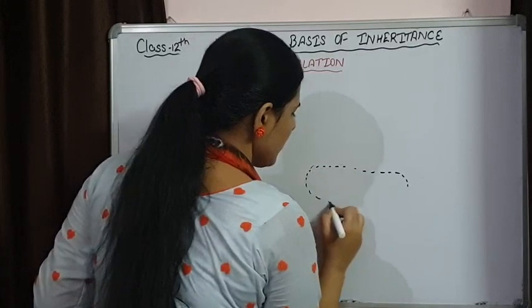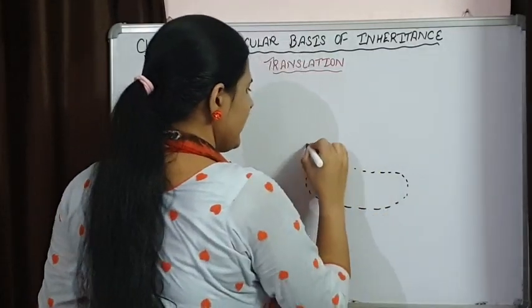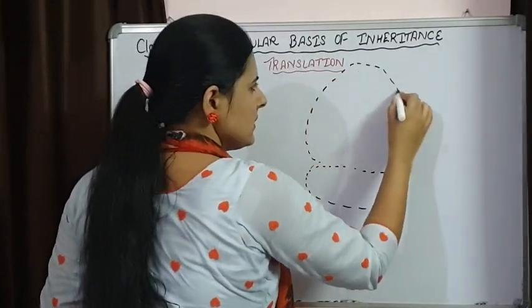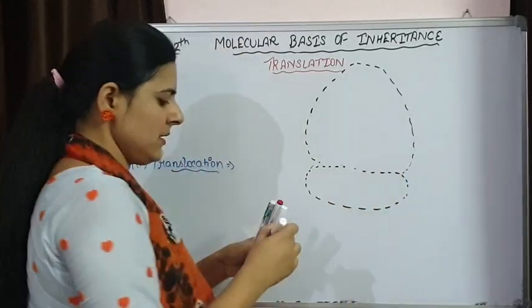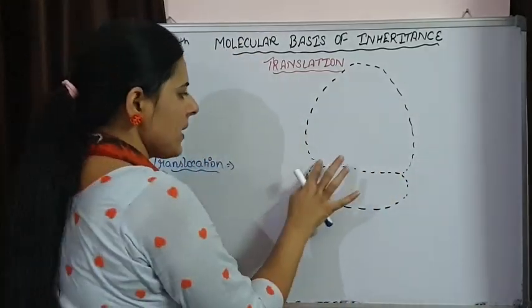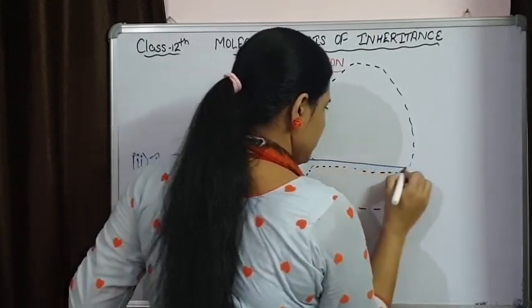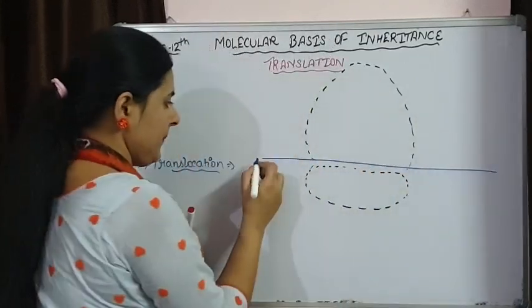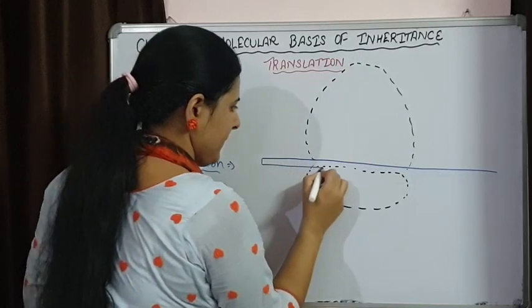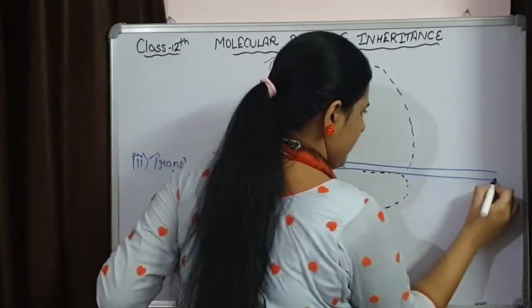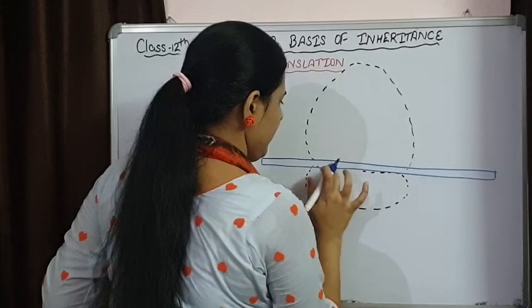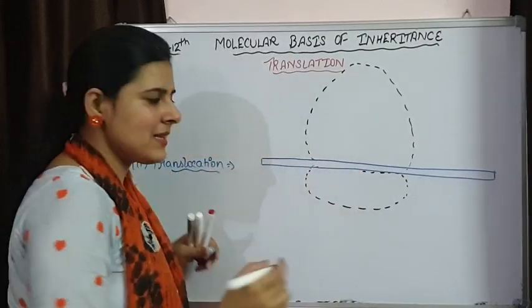Again the smaller subunit, and over it the larger subunit is placed, and over here the mRNA is present. This mRNA is having codons.